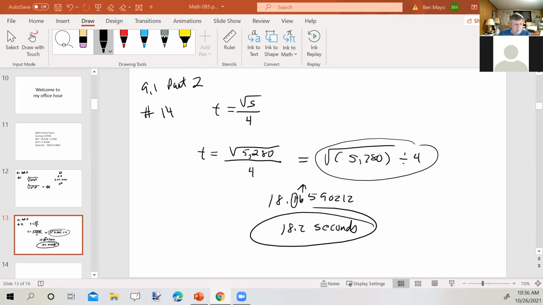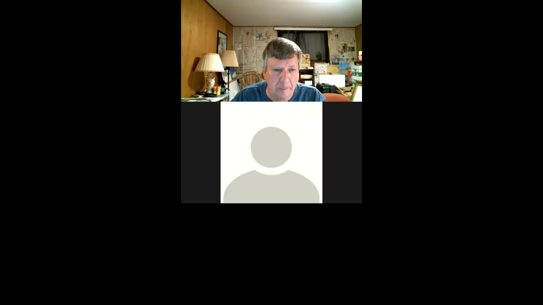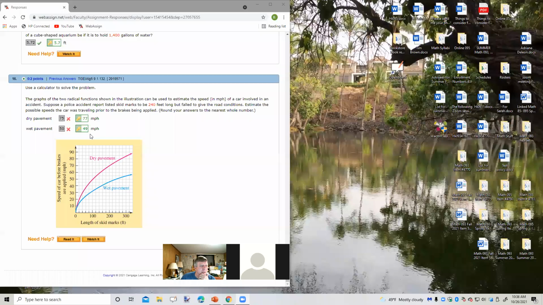All right. This one, I'm actually going to show the graph because I think it'll help with the problem rather than having to redraw the whole thing. So use a calculator to solve the problem, it says.